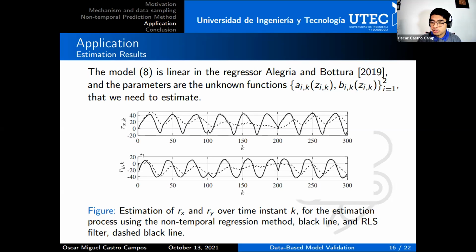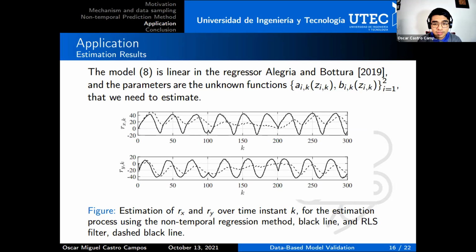In this picture, we can see the estimation of the position in the x-axis and y-axis over time instant k for the estimation process using the non-temporal regression method. That is the black line. The recursive least square filter is the dashed gray line.